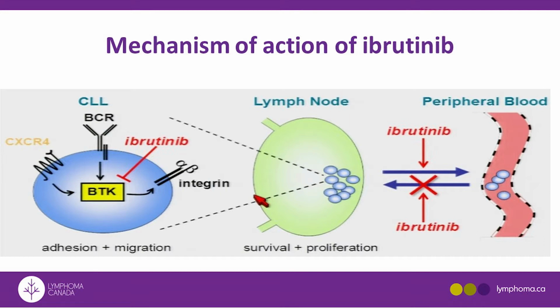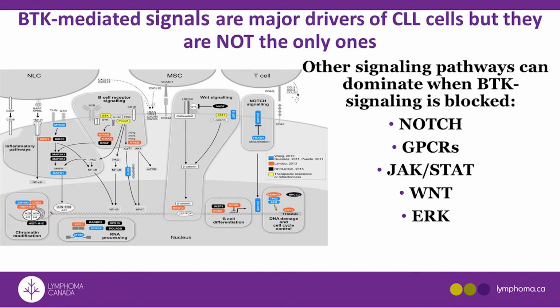Ibrutinib is the first of the kinase inhibitors that became available around 2014, and it has a totally different mechanism of action. How it works is that it blocks the signals which tell the CLL cells to grow. It's not interested in killing the cells, it's just interested in stopping them from growing. We've mentioned the importance of signals through the B-cell receptor to stimulate the growth of CLL cells.